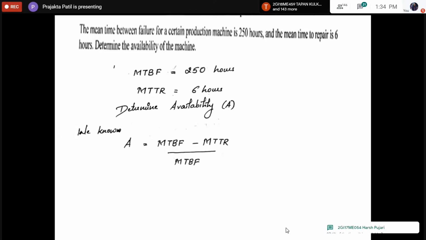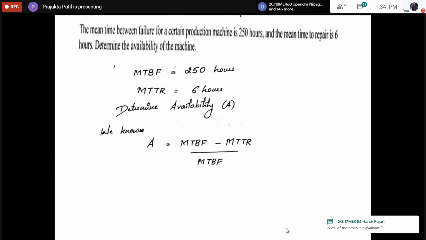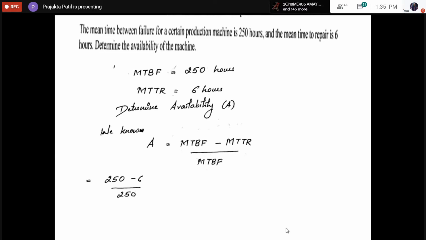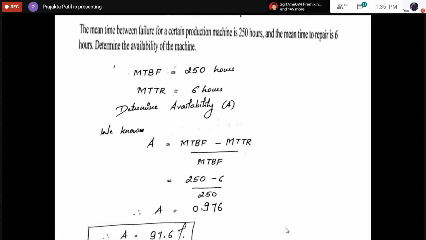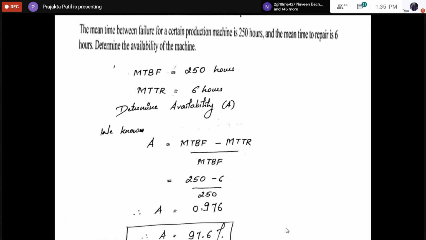You have the equation for the same. So availability, you get it as 0.976. As it has to be expressed in percentage, it's 97.6%. I hope all are getting this.